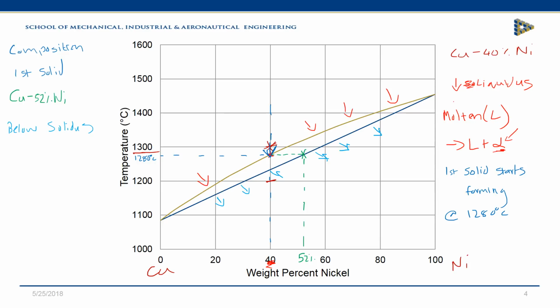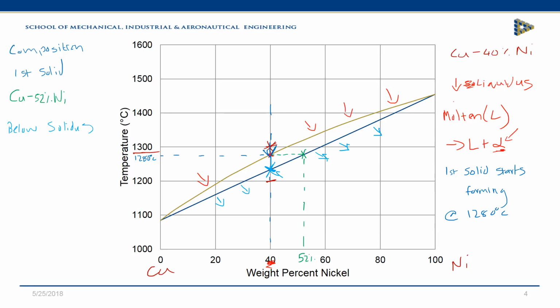Which means that if I want to work out the composition of the last liquid to solidify, I need to find out where on that isopleth I would have 100% solidification. And that would be where that isopleth crosses the solidus line at this point.